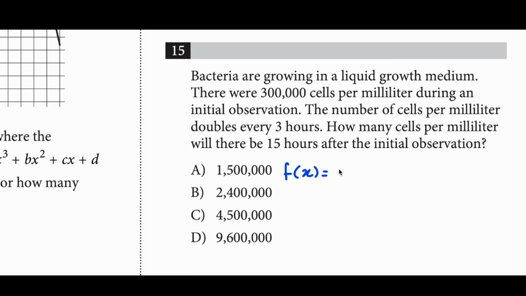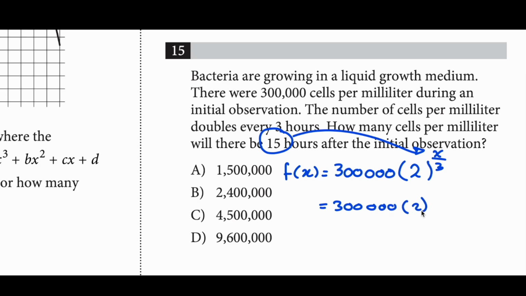So we can write it like f of x equals the initial number, which is 300,000, times doubles, so write down 2 raised to the power of x over 3. Okay, x is the number of hours, so it will be 15 over 3, so it will be 300,000 times 2 raised to the power of 15 over 3, which equals 5.